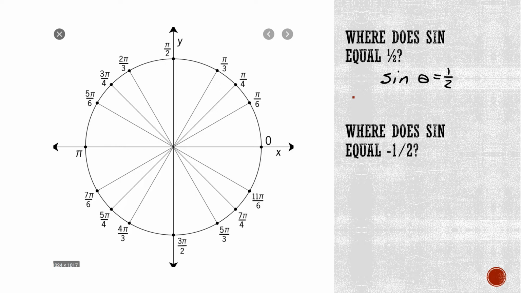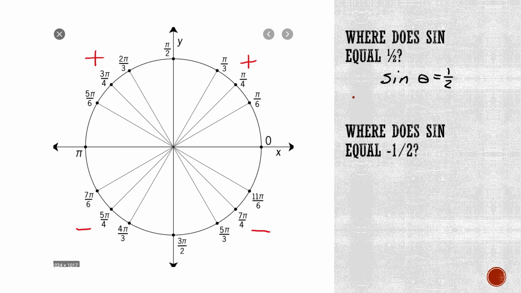So a couple of things come into play when we go to answer that. First of all, I have to remember my positive negative sign chart for this particular function. So I have to remember that in the first quadrant we're positive, in the second quadrant we're positive, the third quadrant we're negative, the fourth quadrant we're negative. Okay, so that's the chart for the sine function.